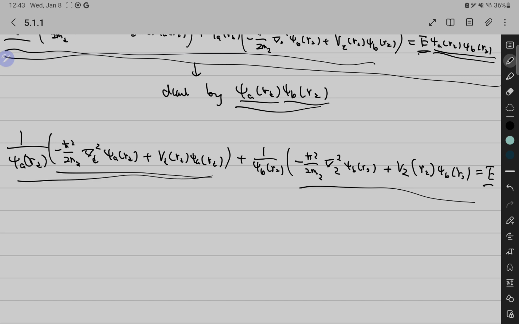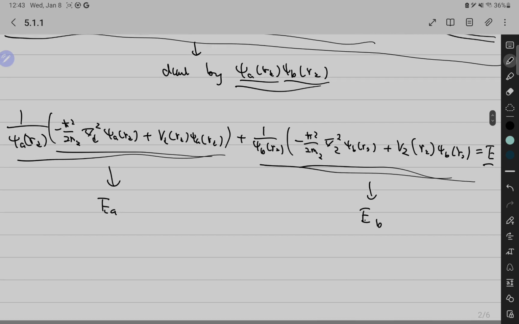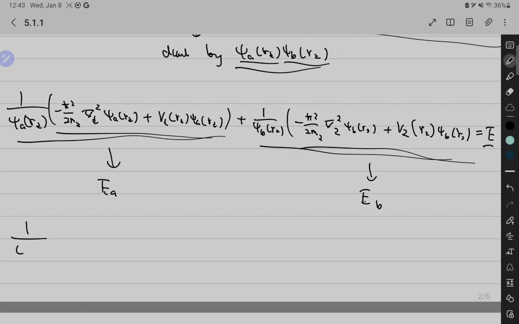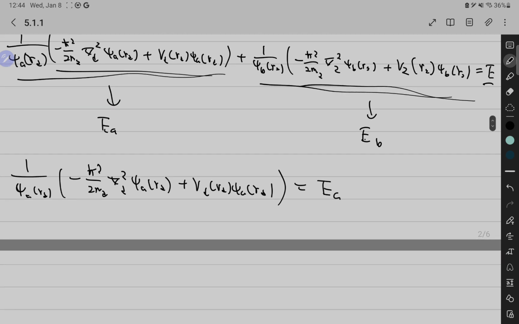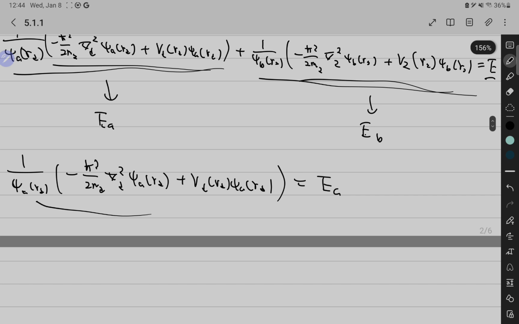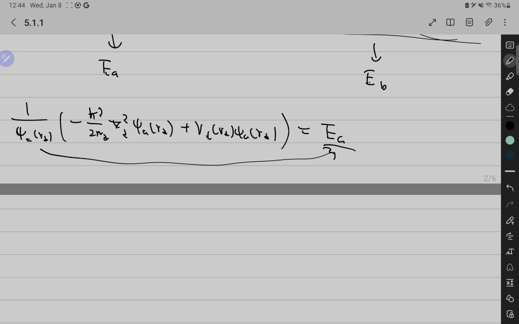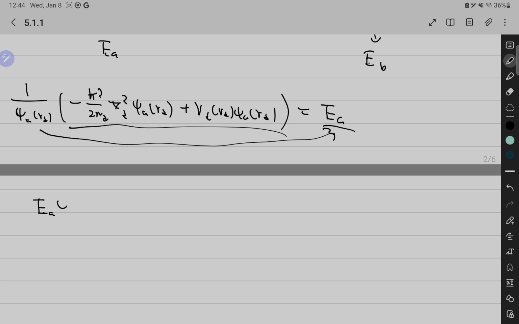If we know this first part is about energy, let's call it energy A, and this part is about energy B, and if they were to make up E, so if negative phi R1 were to be equal to EA, then if we move this to the other side by multiplying EA by phi R1, we can now know that the total energy for this part is just going to be EA phi R1.